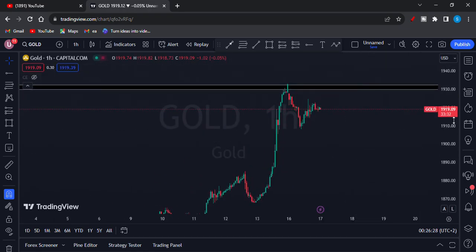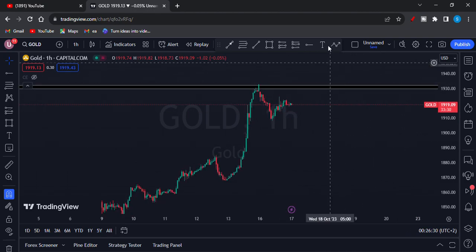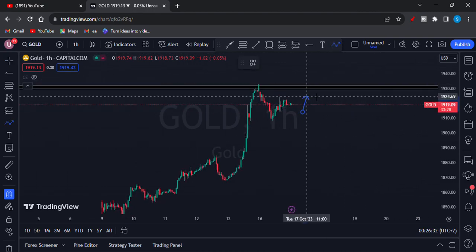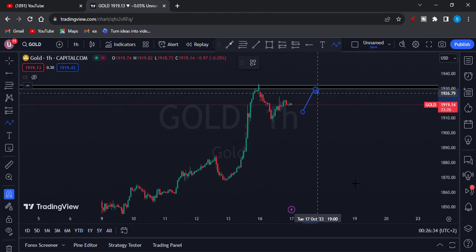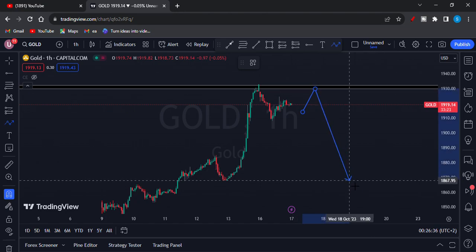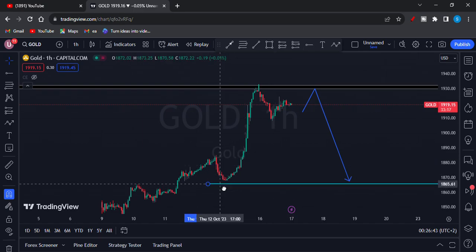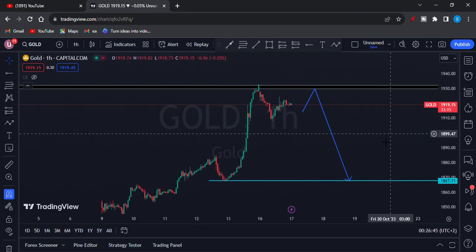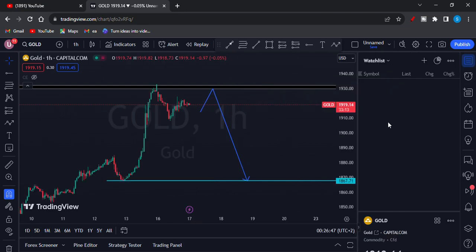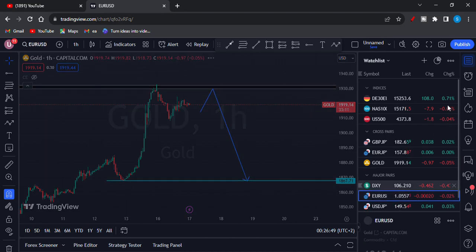Okay, so what I'm going to look out for is the market to come around these areas, then a potential sell. So that's my analysis for gold, and then let's go to euro.